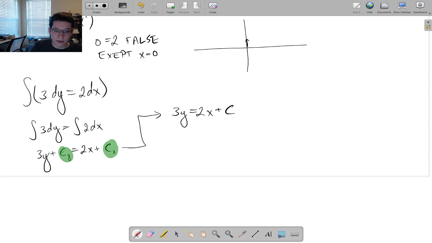And then we can evaluate for just y. If I divide by 3, 1/3 of that whole thing, y is equal to 2/3 x plus, and I can write c divided by 3, but c is just a constant. You divide it by 3, it's still a constant.